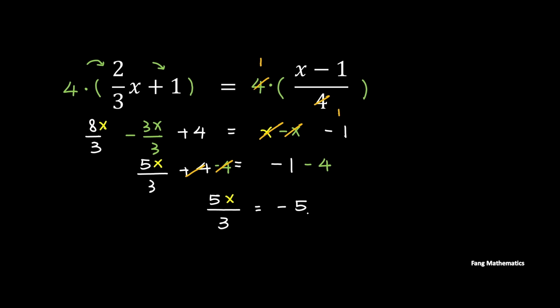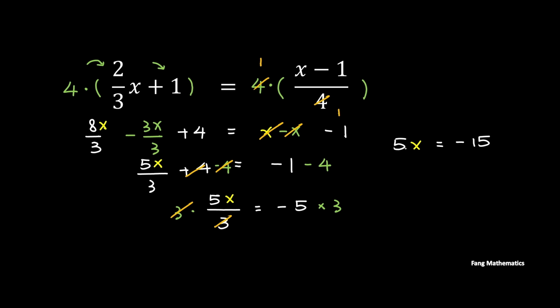And you're now left with this expression. So let's first get rid of the 3. So we multiply 3 on both sides. On the left, I believe 3 and 3 eliminates, leaving you 5x. And on the right, minus 5 times 3 gives you minus 15.